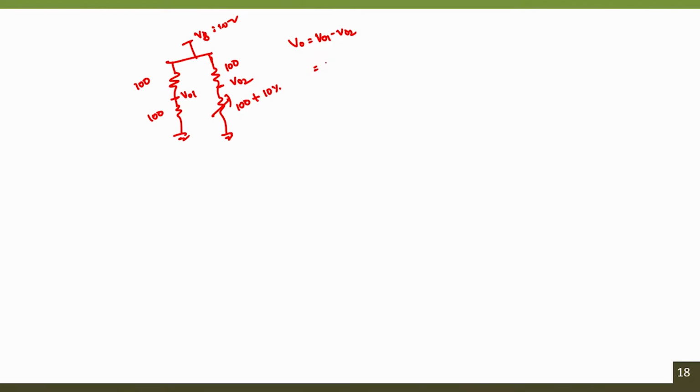Now, VO1 is, since the resistances are the same, 5 volts, VB by 2, minus VO2, which is 10 into 110 divided by 100 plus 110, so 210. Solving this, we get minus 0.238. It is negative because we are measuring between VO1 and VO2.